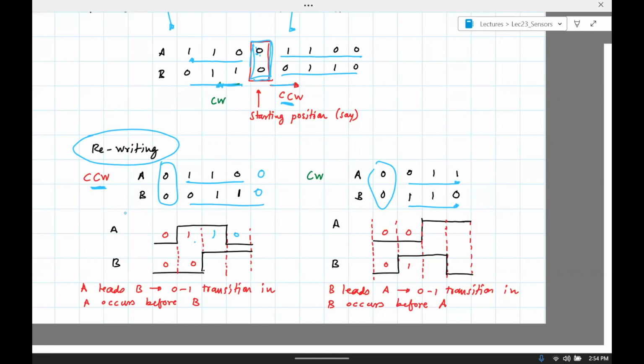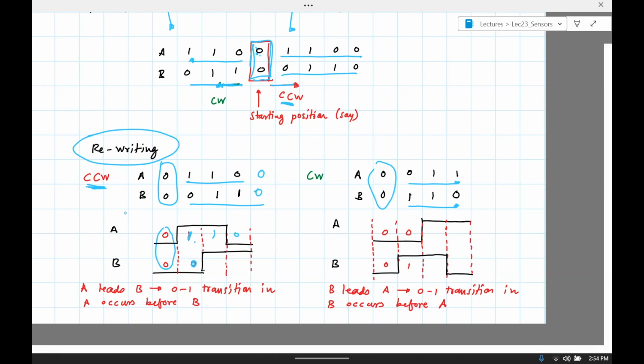Now, as I said, we are trying to figure out the direction of motion, so we need to discern a pattern. Here you can see that starting with 0, 0, for counterclockwise, A happens to be 1 first.